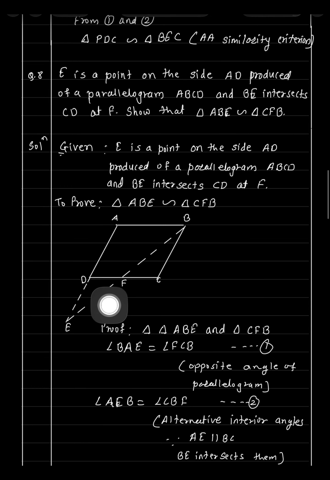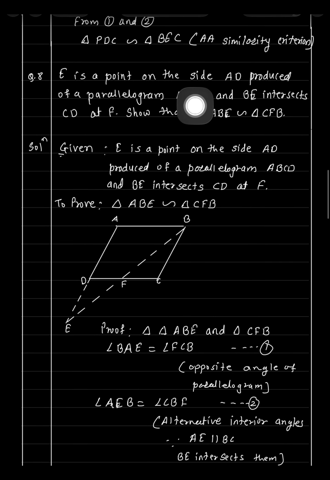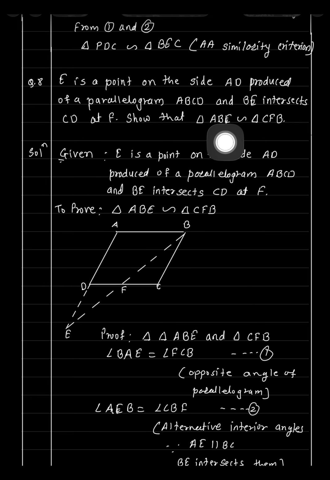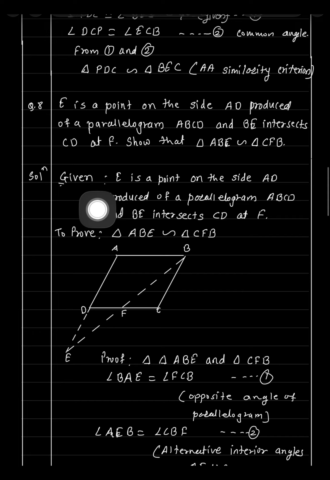Now question number 8. E is a point on the side AD produced of a parallelogram ABCD, and BE intersects CD at F. Show that triangle ABE is similar to triangle CFB. Here the figure is not given, so with the help of what is given, we have to draw the figure.